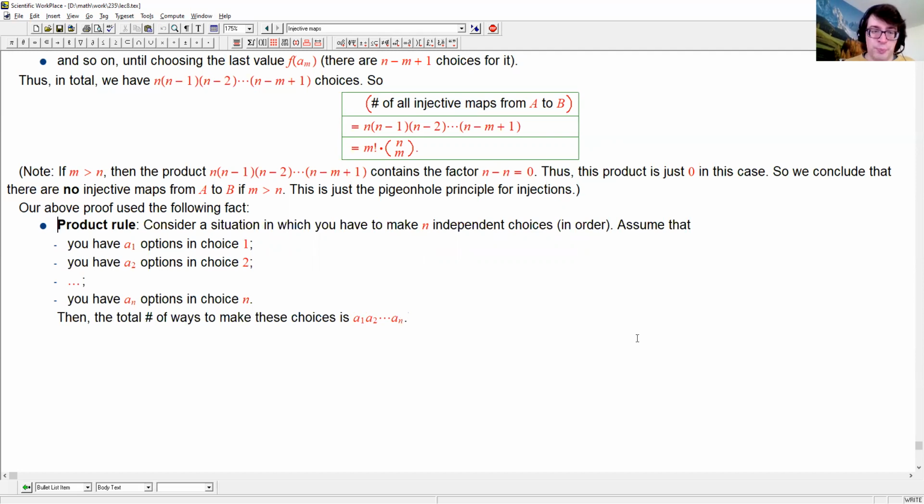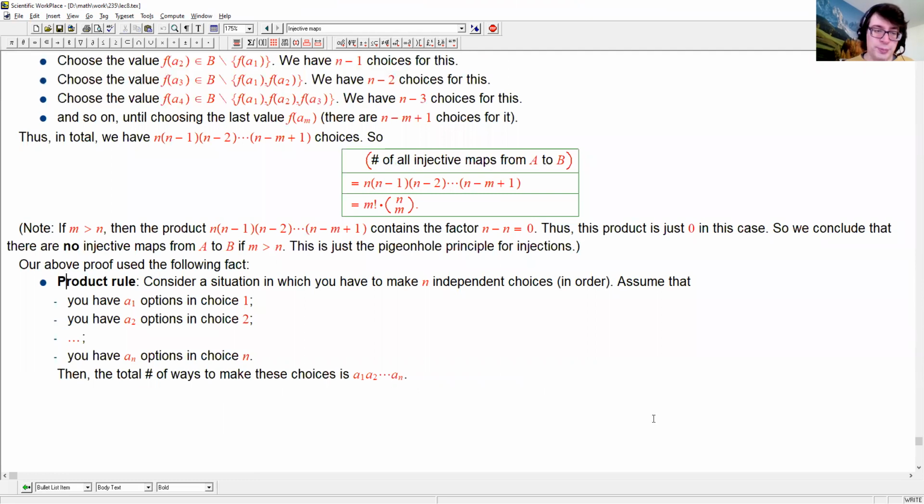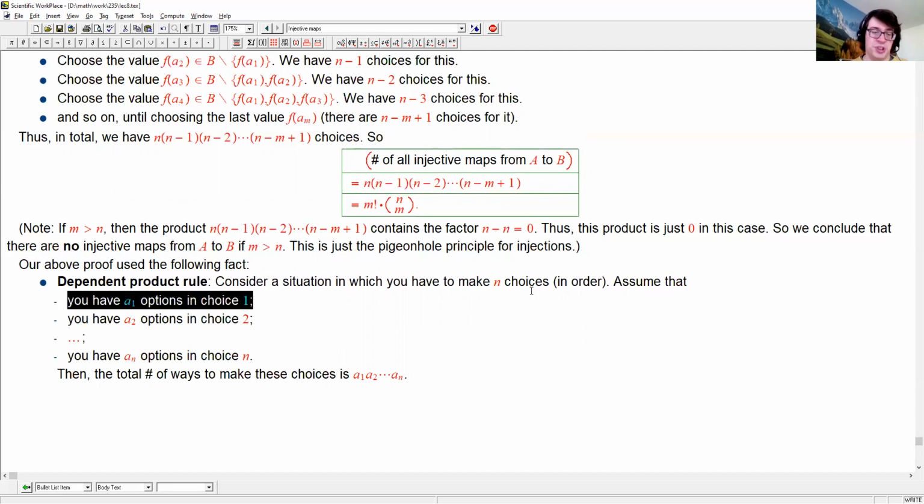Now, however, our choices here are not independent, so we need to tweak it. Here is a dependent product rule. Consider a situation in which you have to make n choices in order. Assume that you have A1 options in choice 1, that's still as it was.